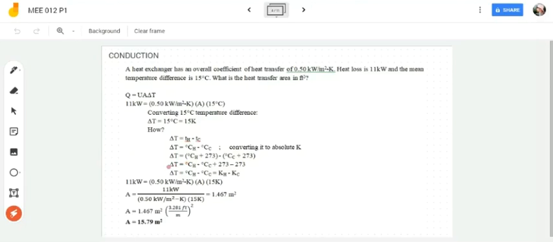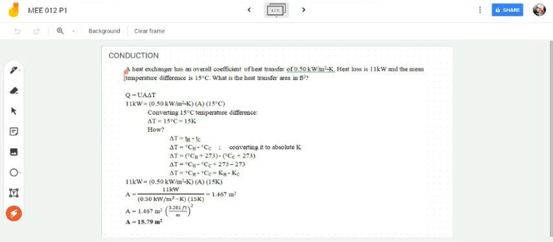That's why when you are solving for temperature difference, your Celsius hot minus your Celsius cold is actually equal to your Kelvin hot minus Kelvin cold. So we can say that your change in temperature, which is 15 degrees Celsius, is actually equal to 15 Kelvin. That is the difference between temperature and temperature difference.